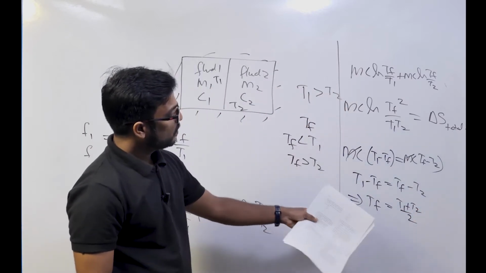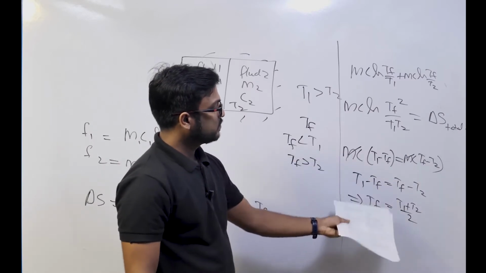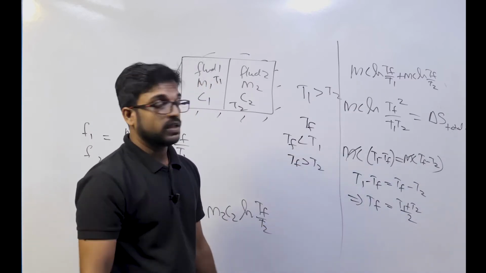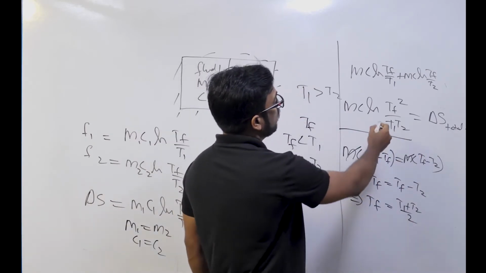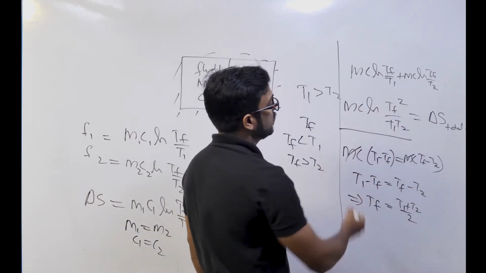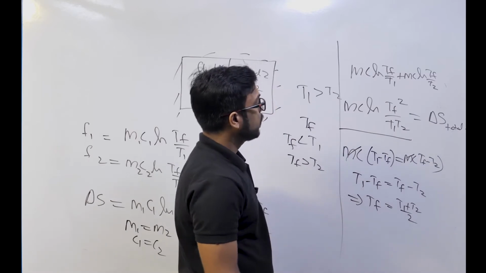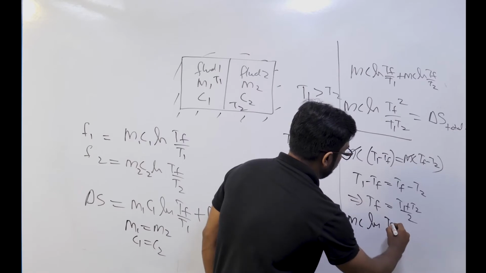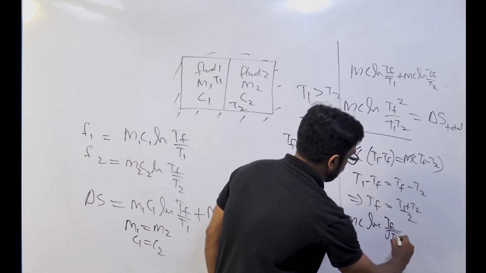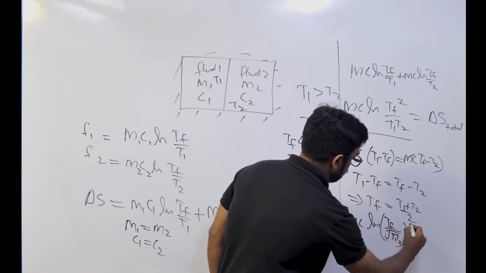Now you may substitute this value there. But before substituting, let's make some rearrangement. I want to take this 2 to this side. From the logarithmic property, I can write this as mc ln of (Tf by root of T1 T2) whole squared.